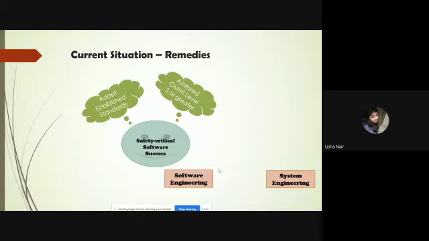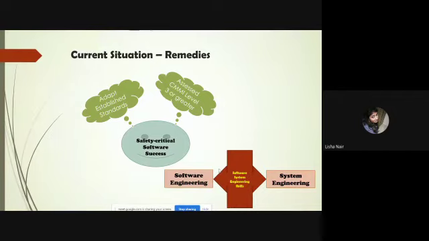the remedy is basically that you need to bridge the gap between software engineering and system engineering. How do you bridge the gap? By leveraging the right software system engineering skills.